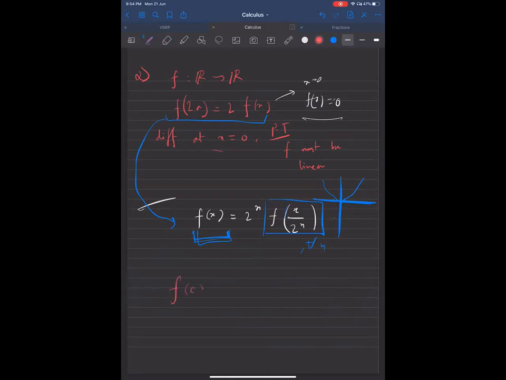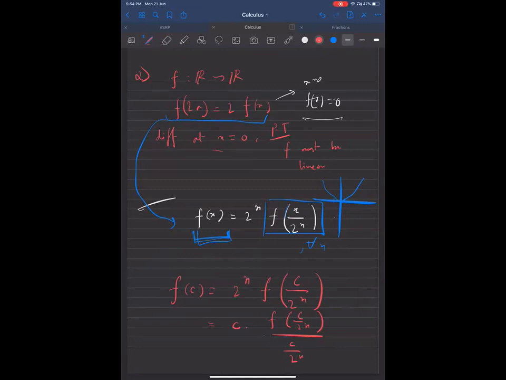What we do is f of c is 2 power n times f of c by 2 power n, for any c. Now we write it as 2 power n f of c by 2 power n divided by c by 2 power n, times c. Now we take the limit.